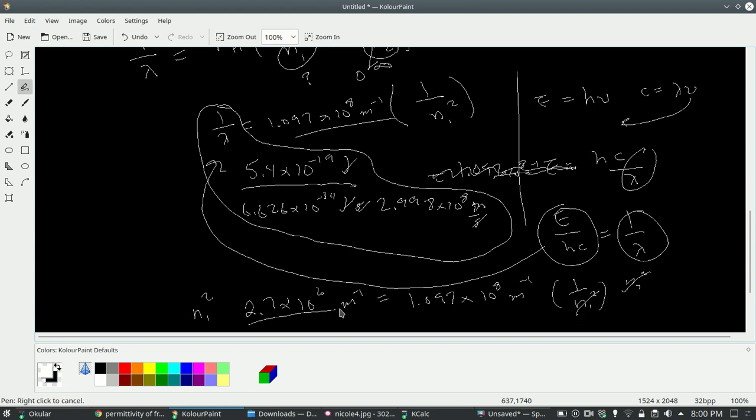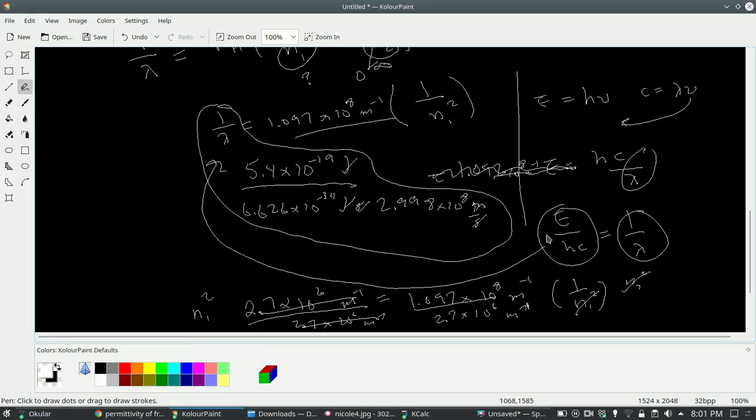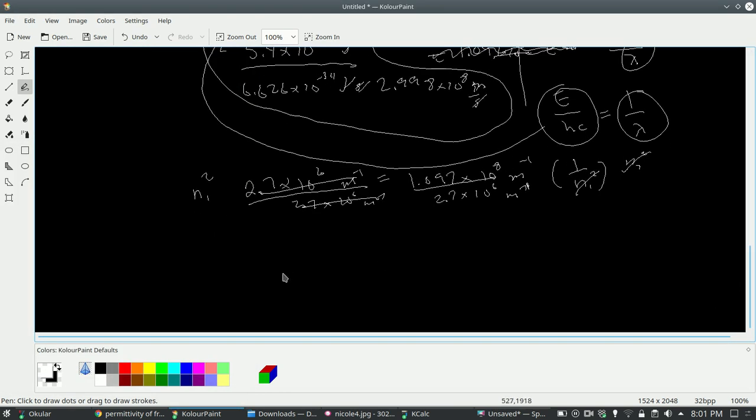Then I'm going to divide both sides by 2.7 times 10 to the 6th per meter, to get n1 squared alone. This goes under, and this goes on top. So n1 squared ends up equaling 40.